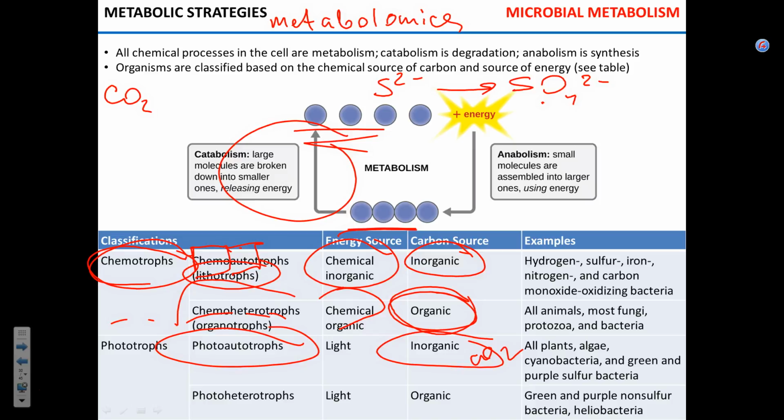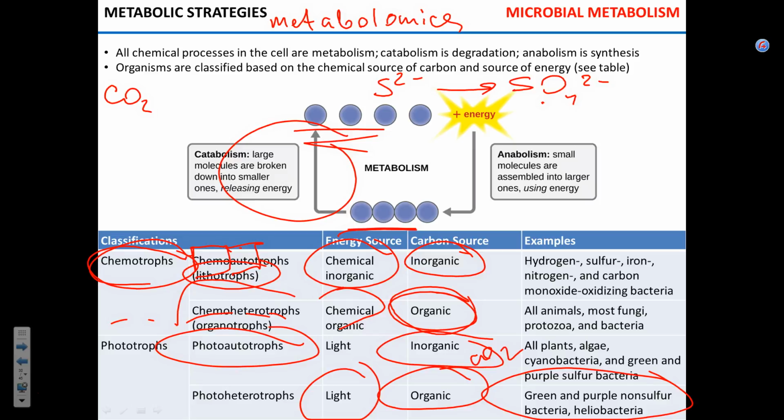They make their own food from inorganic sources. Okay. Photoheterotrophs are quite unique microbes that use light as the source of energy but obtain the carbon from organic sources. You can see that microbes span the entire range of opportunities for both the sources of energy and nutrients.